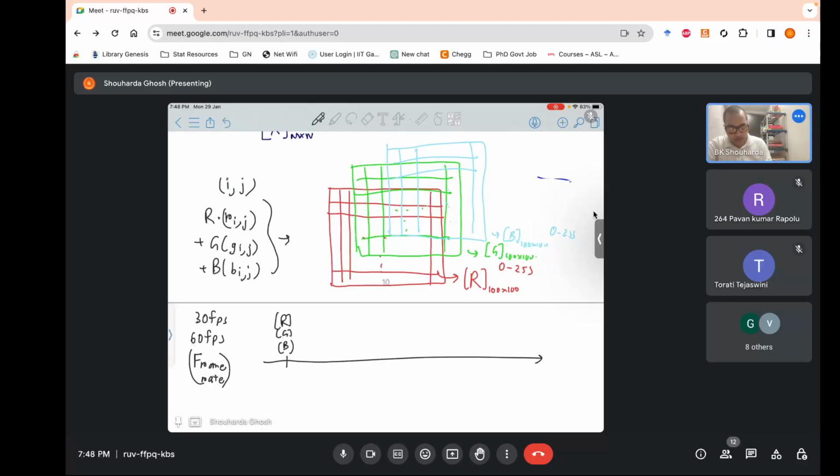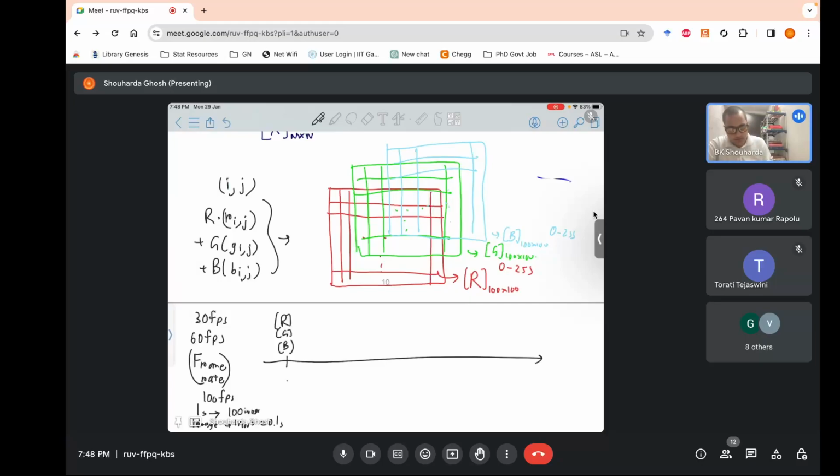If you have a frame rate of 100 frames per second, in 1 second you are capturing 100 images. So the time interval for one image will be 1 upon 100 seconds.